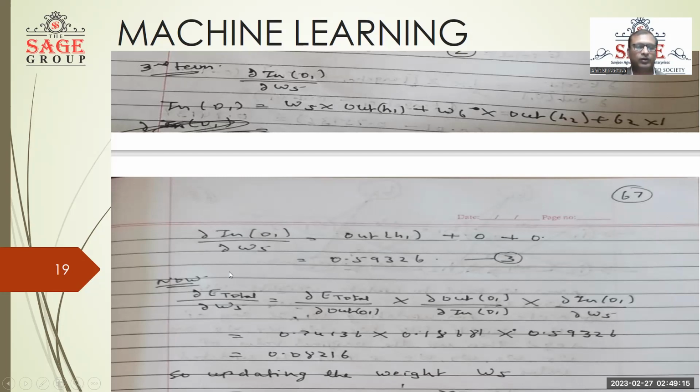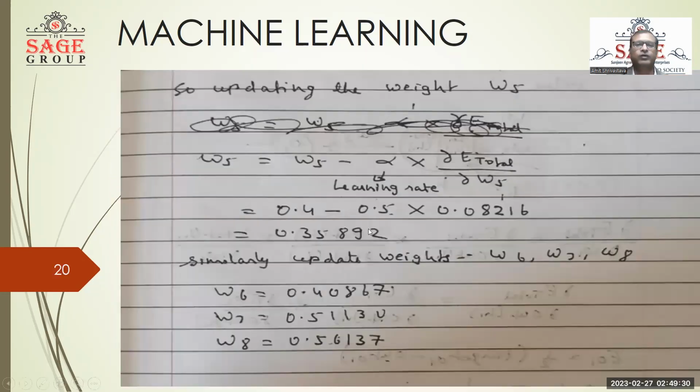So now my actual formula was del E total upon del W5, and we have already calculated all these three terms. So just putting in the values, we will get this as my final output. Now we need to update the weight W5. The formula we already know: W5 is W5 minus alpha into del E total upon del W5. Let us assume that I'm taking alpha as 0.5.